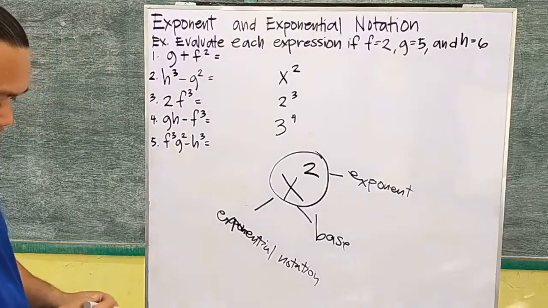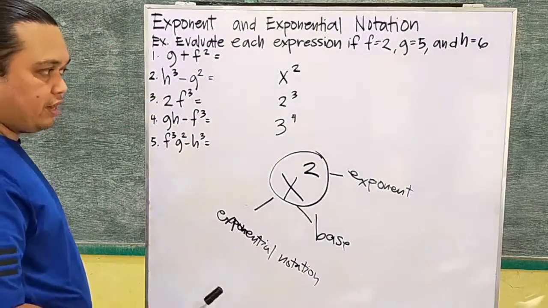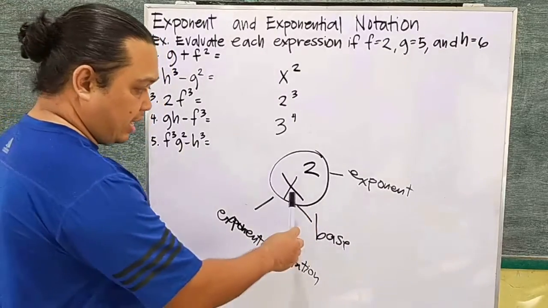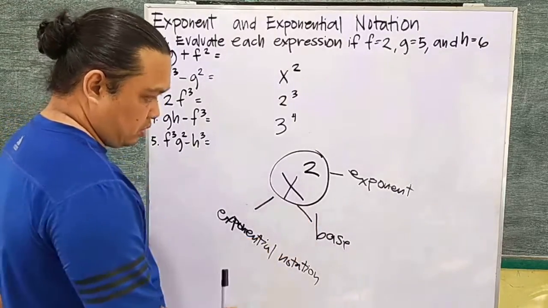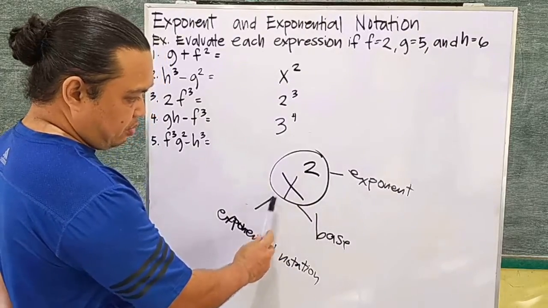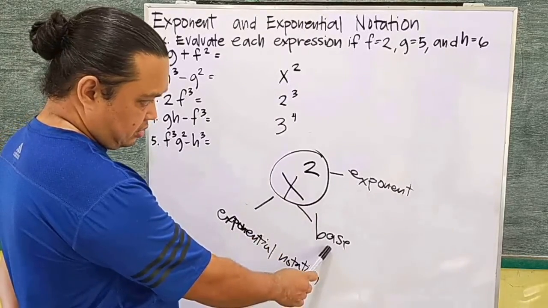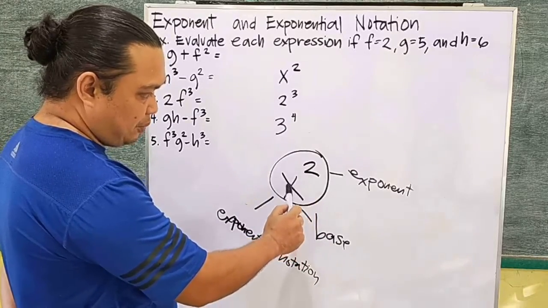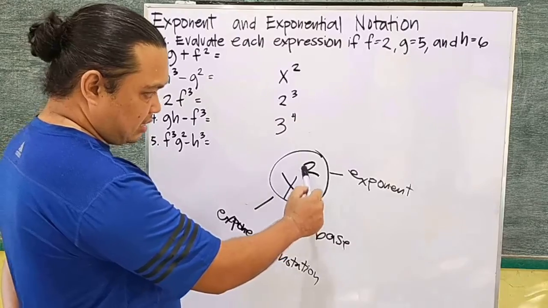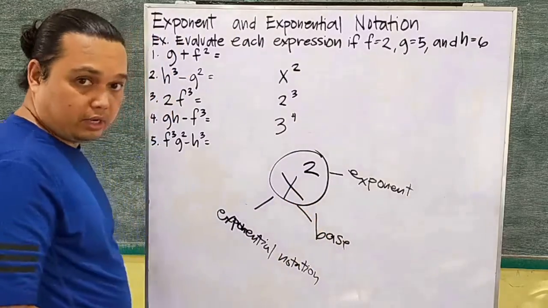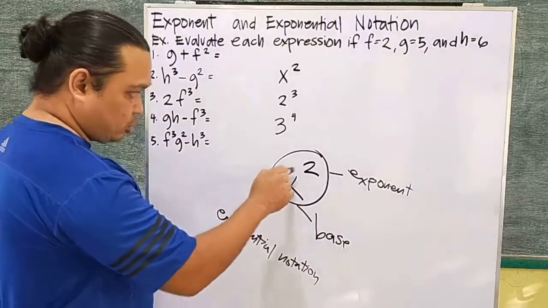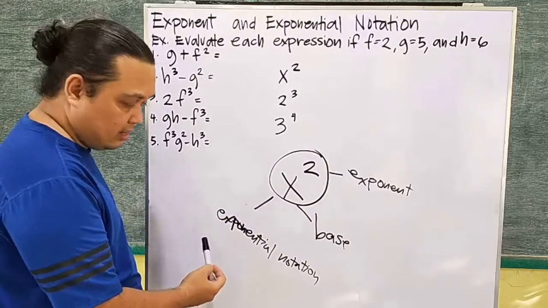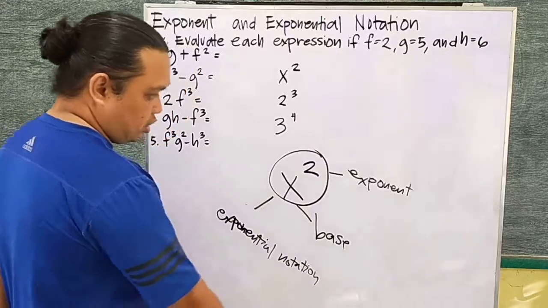Again, we have x squared, also read as x raised to the power of 2. X here as a variable is the base. 2 here, the number to the upper right of x, is the exponent or the power. And x squared is an example of an exponential notation.